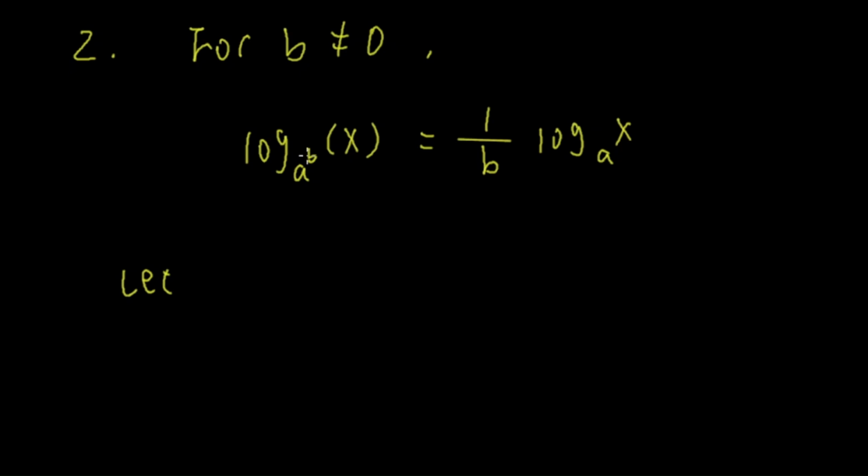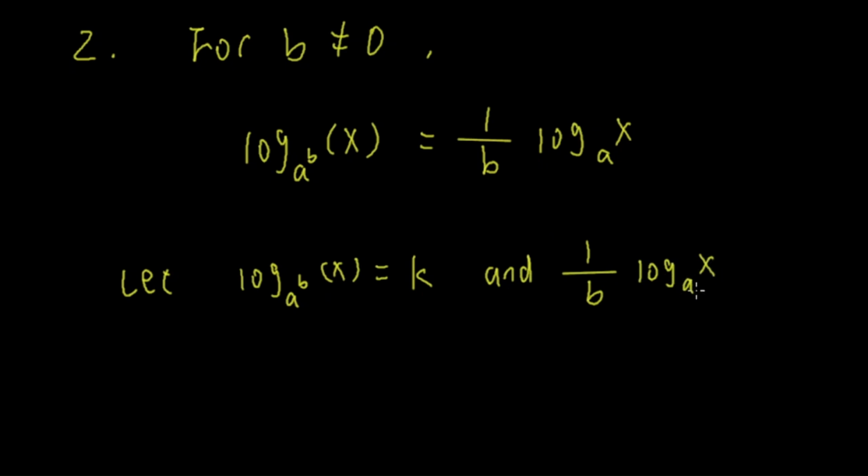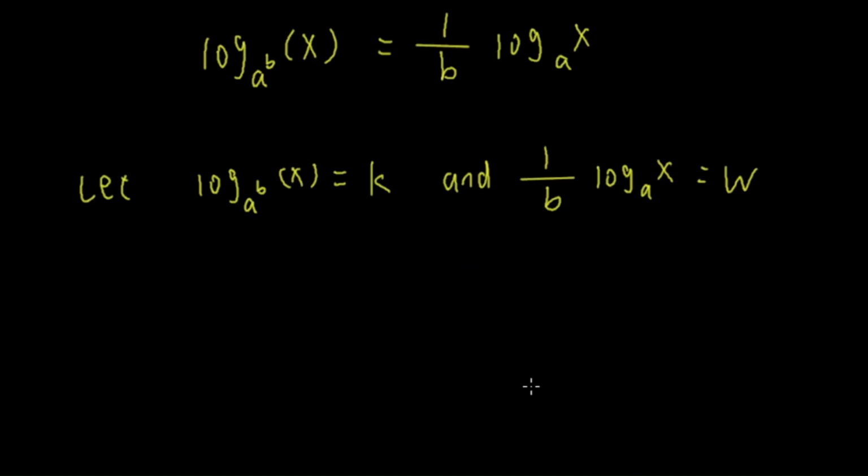Again, let this one equal k, and this one equal w. What does this mean?